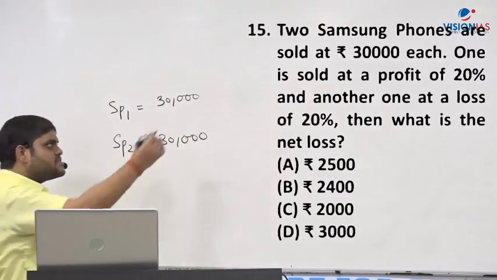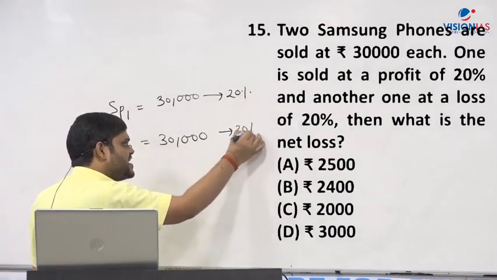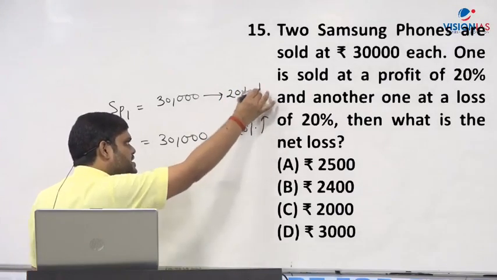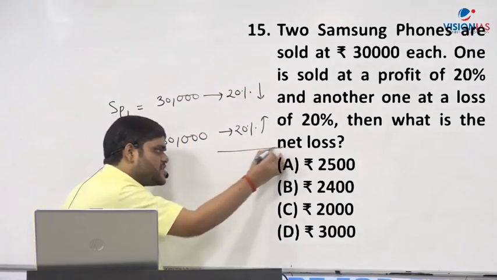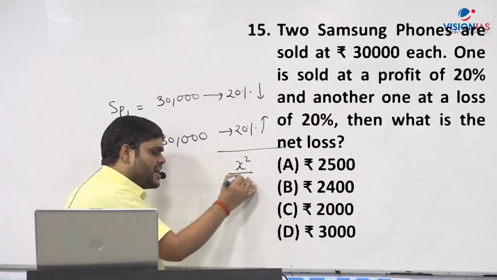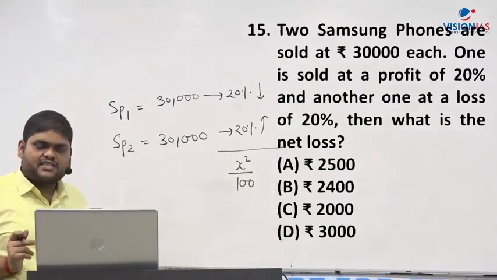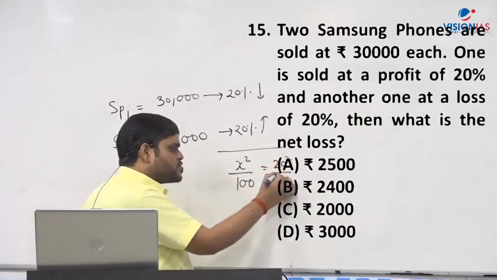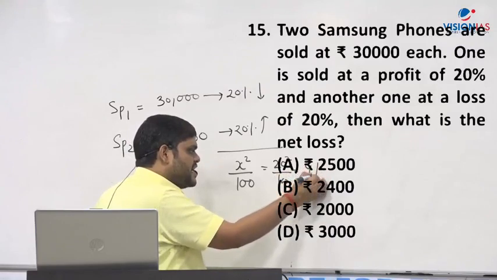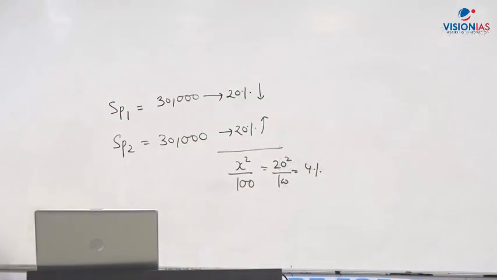In one case the loss is 20%, in the other case the profit is 20%, and we know that in such cases there will always be a loss, and the loss will be x square upon 100. Yesterday we did this. So 20 square upon 100 means there will be a 4% loss.